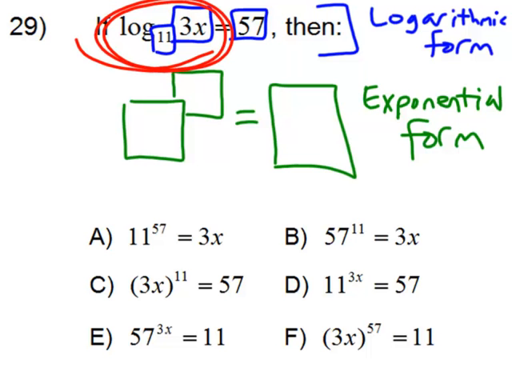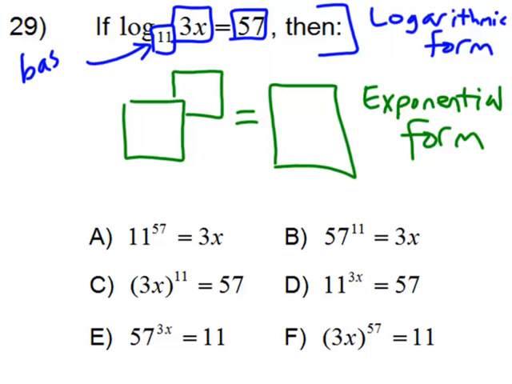We say out loud log base 11 of 3x. Log base 11. That is your biggest clue that if you know how to say this out loud, we know that 11 is considered the base. Similarly, in exponential form, that number there that I am pointing to, that's called the base, right? So, doesn't it make sense that the 11 goes here?